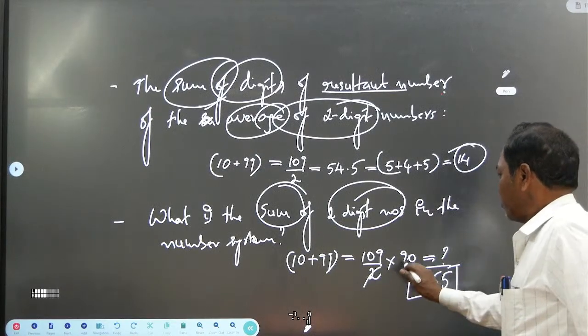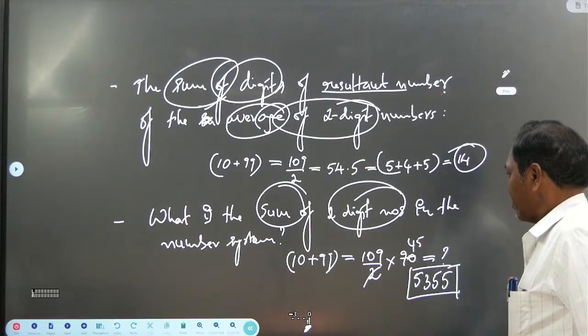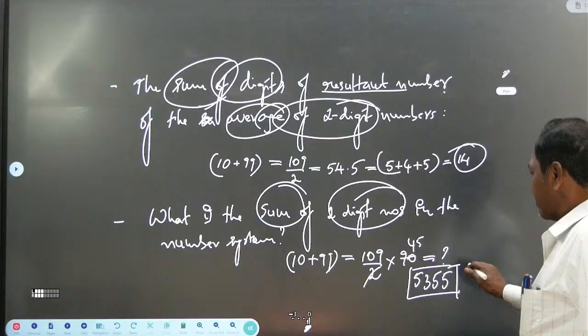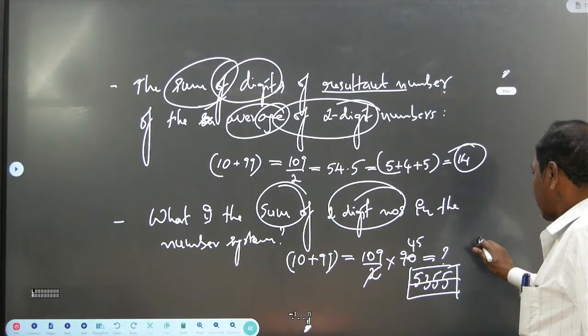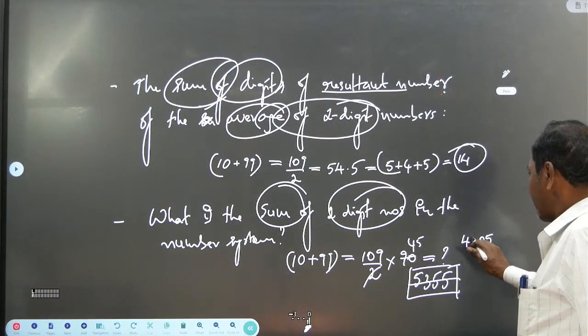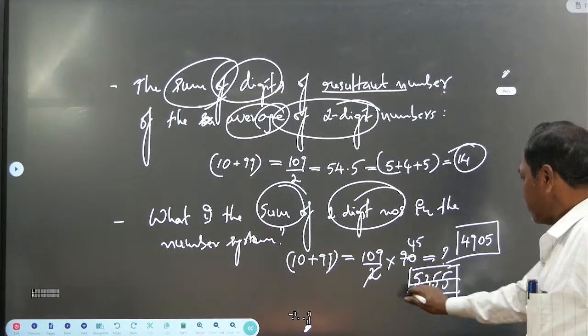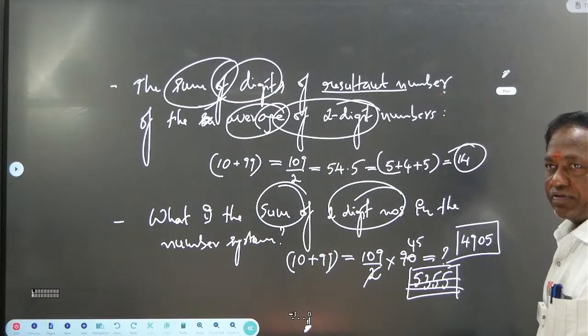See, 45 into 9, what? 360, 405, yes. 4905. Right.